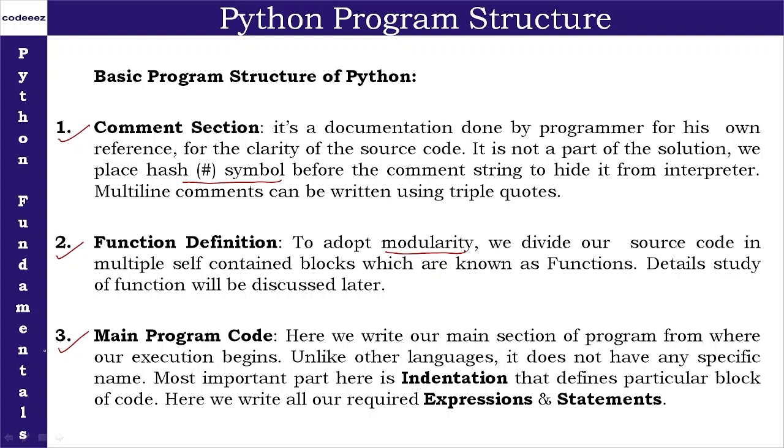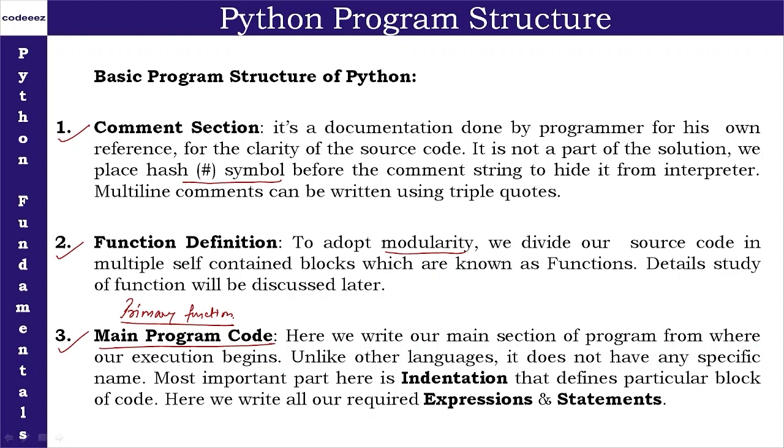And now comes the most important part, that is the main program code, also known as the primary code, primary function, the master function, or the controller function. This is the function from where the execution of the program begins.